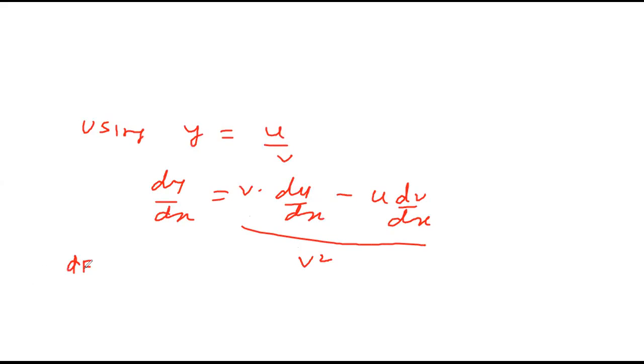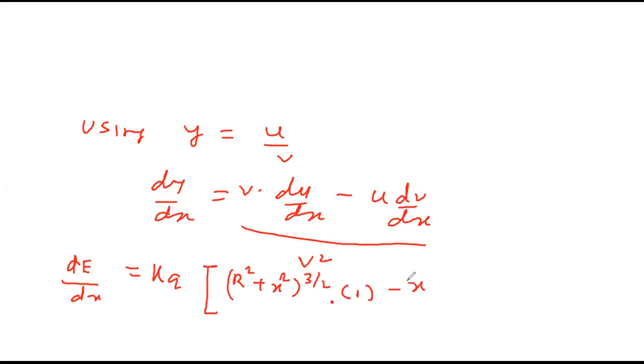So dE upon dx equals k, q is constant, v is r square plus x square raised to 3 by 2 in our equation. Du by dx means the derivative of x. Follow? Yes, sir.